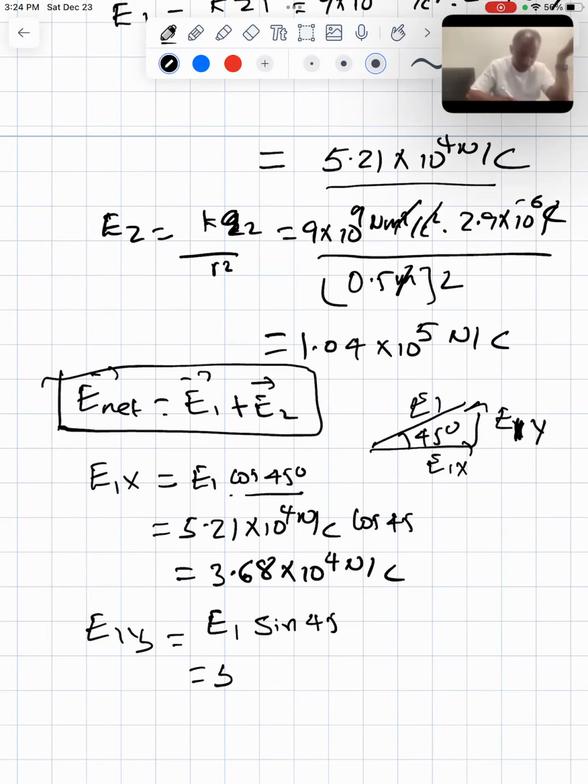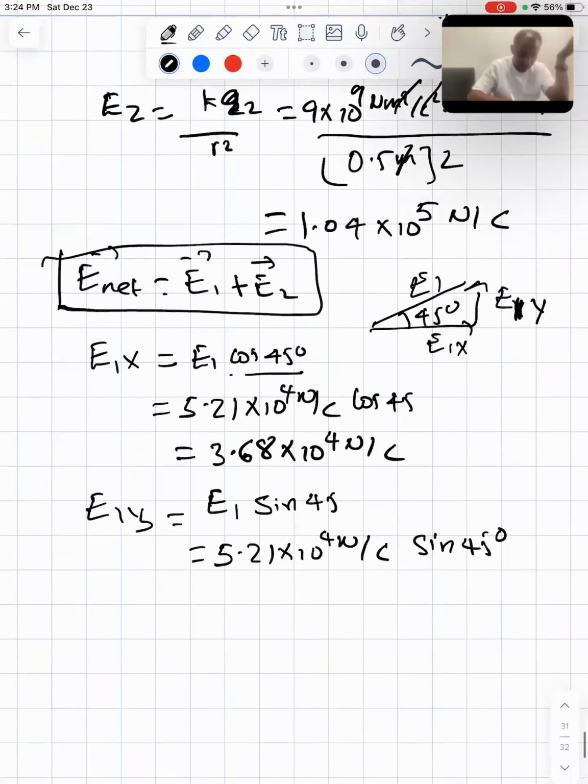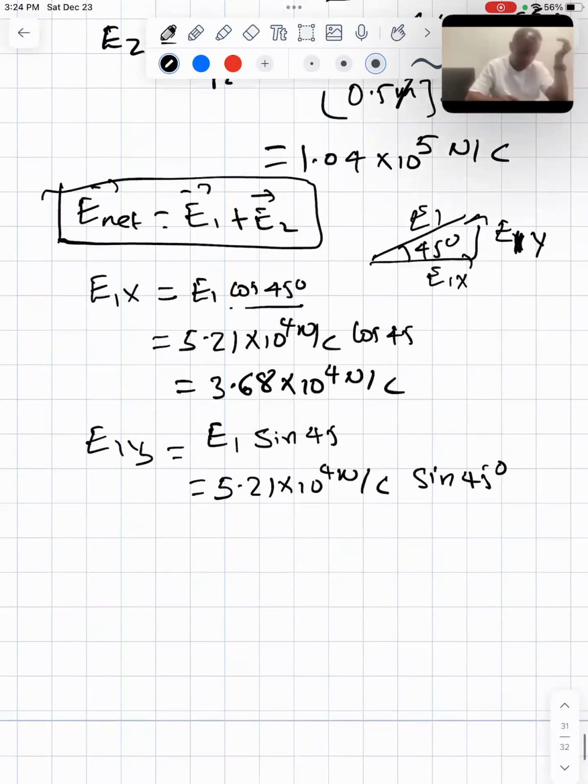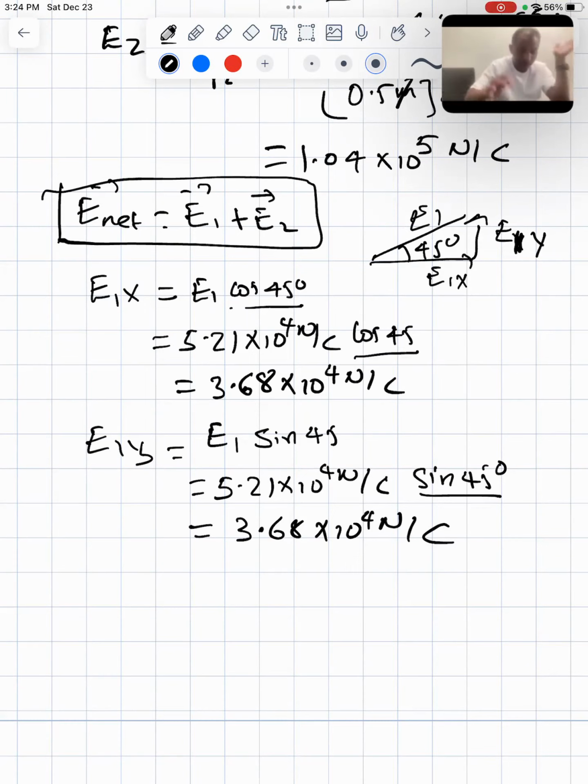So E1 is 5.21 times 10 raised to 4 Newton per Coulomb times sine of 45. Do the algebra. It's going to be 3.68 times 10 raised to 4 Newton per Coulomb, because sine of 45 and cosine of 45 are the same, 0.7 something.